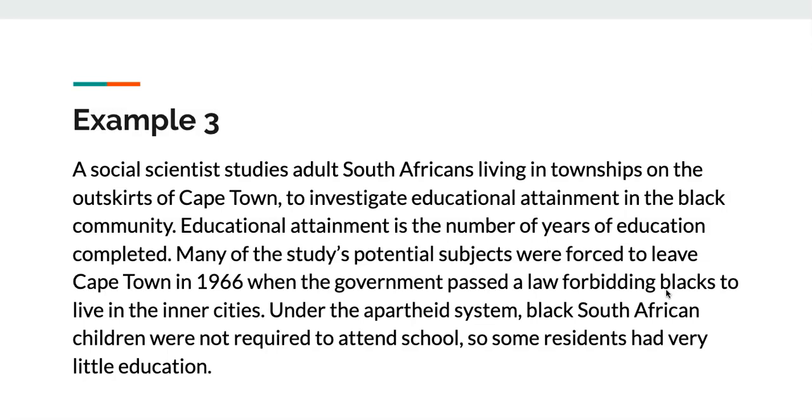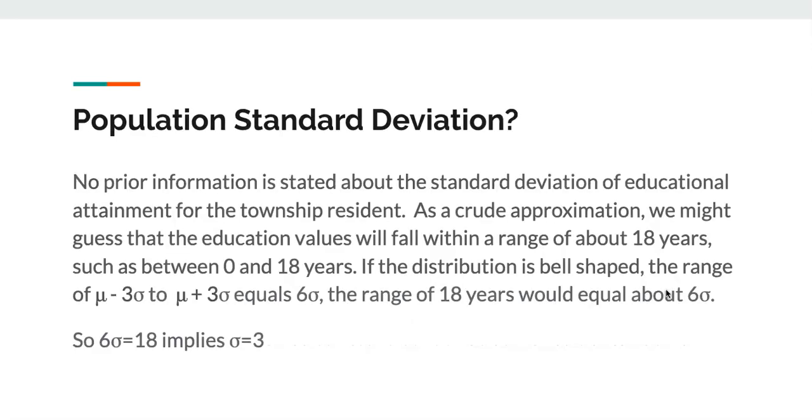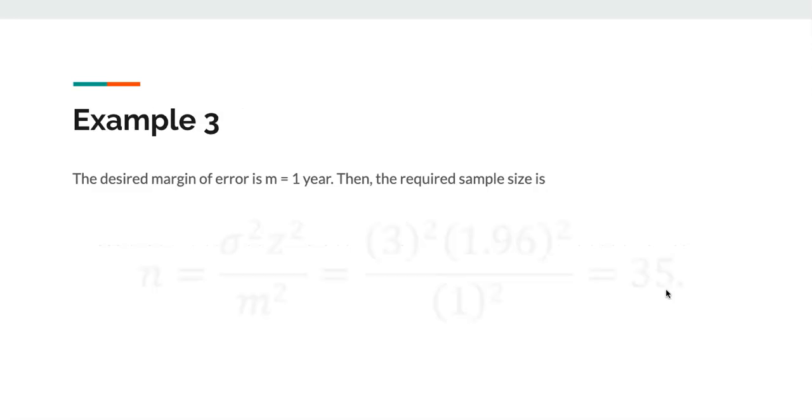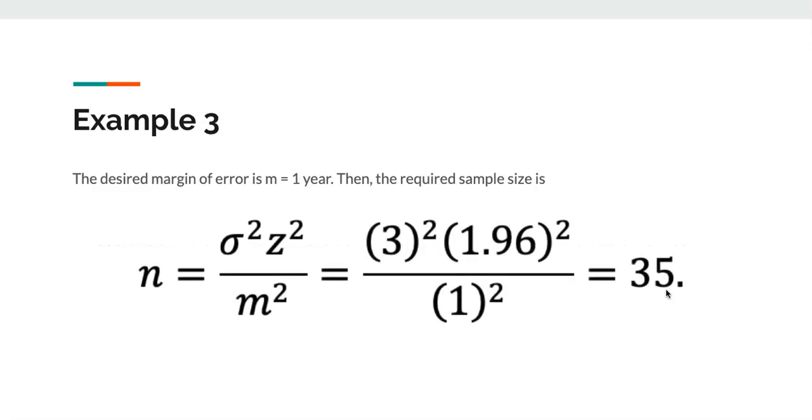We're trying to come up with a confidence interval that will capture the average number of years of education they got. And in order for us to do that with 95% confidence, with only a 1 year margin of error, how many people do I need to survey? Just 35. Now, this is good.